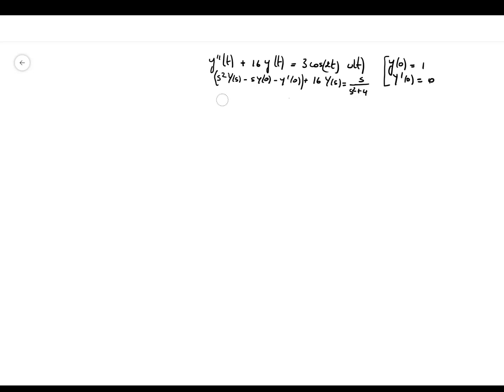This will give me s squared plus 16 times Y(s). Well, this one is a 1 over here, and this one will not give any contribution. So if we take it to the other side, we have an s over here. And here, of course, you've probably seen it, it's 3 cos, so we need a 3 over here, of course.